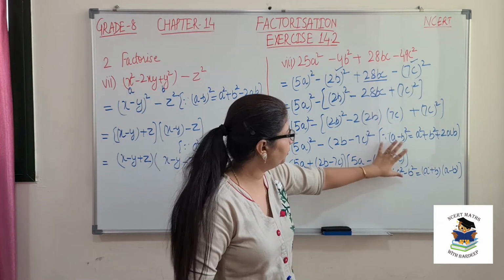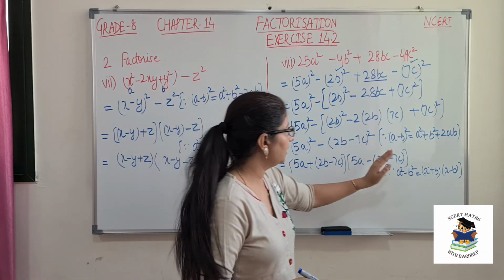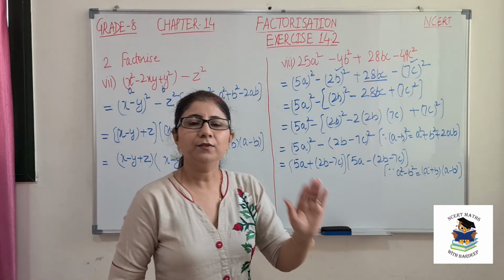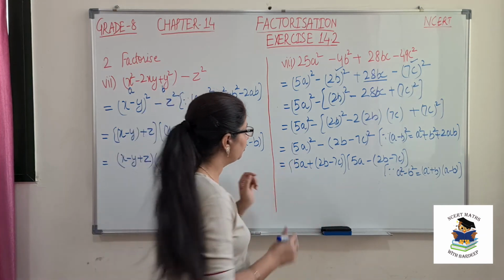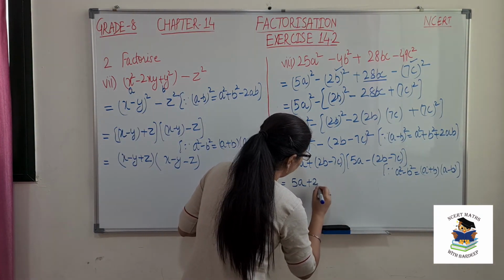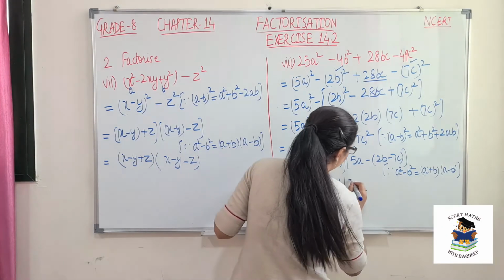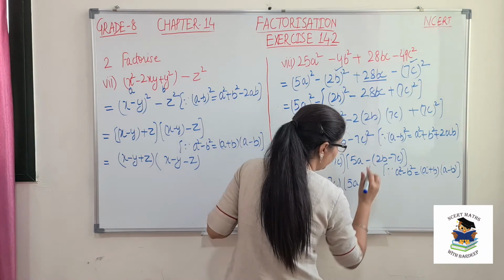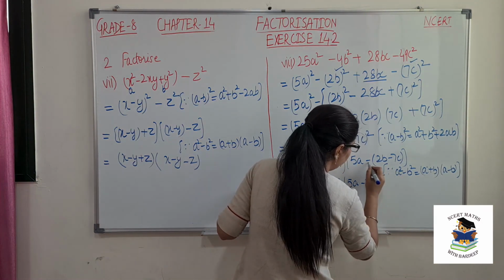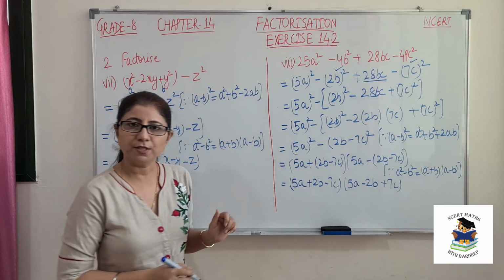But if we don't put the bracket, this minus will go with 2b only and 7c will also be negative. That is the wrong answer. So we should always put brackets. So let's open it now. 5a, 2b, 7c, and here it is 5a. So this minus will go. This is minus 2ab. Minus and minus will be plus 7c.